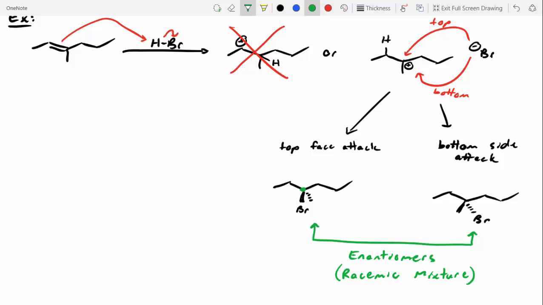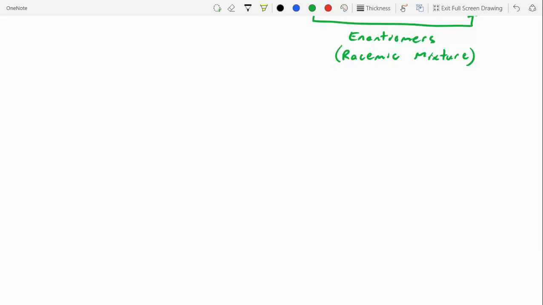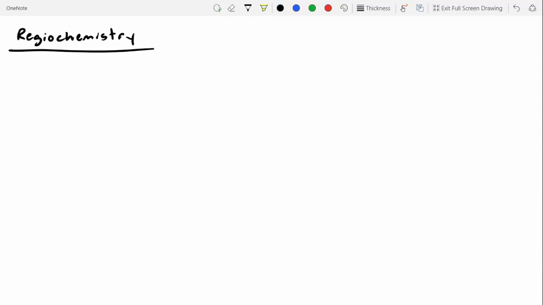It was too short. All right, so now let's take a look at regiochemistry again. Regiochemistry describes the position of attack. So in this case, we said if we've got something like propene plus HBr, actually I'll put HBr over the arrow, we'll get bromine to add to the more substituted side of the alkene.